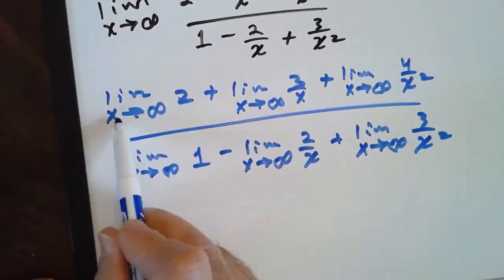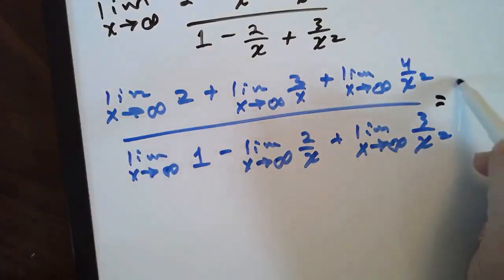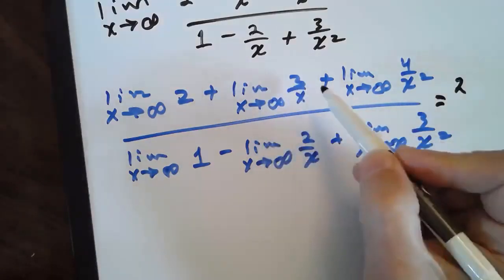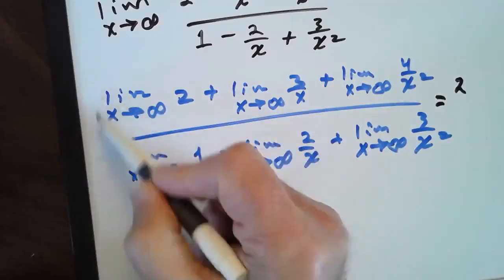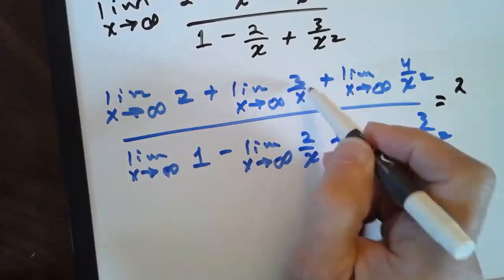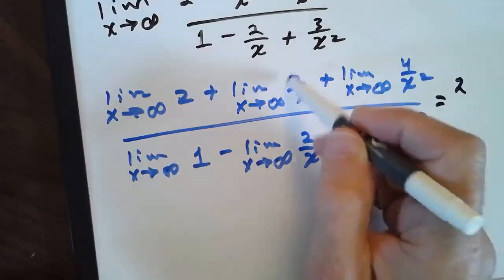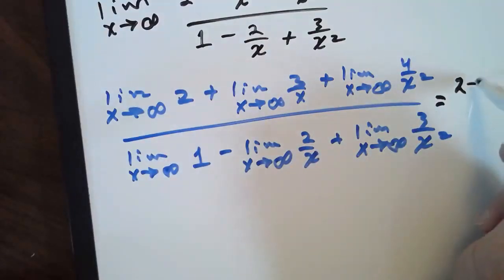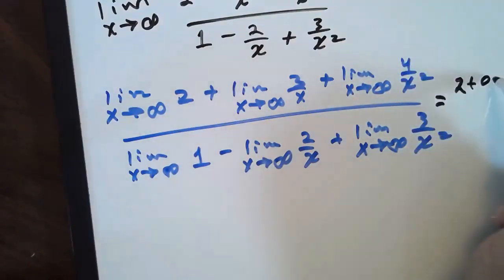For this limit, since there's no variable, that's just 2. Once you apply the limit to a term, you don't write it anymore. For 3 over x, the 3 stays the same, but x gets larger and larger, and that goes to 0. So that's plus 0, and the next one also is 0.